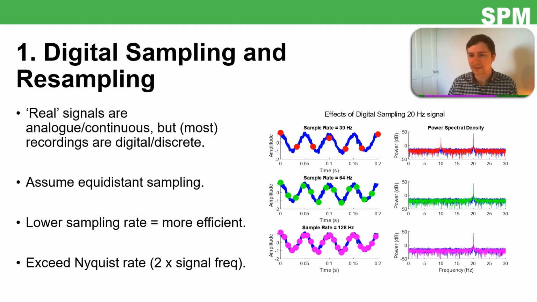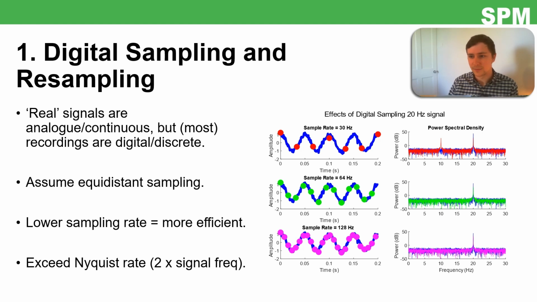If you were to connect those red dots together in your mind, I've not done it, you would see that we don't actually have much, if any, information about the original 20 hertz signal.